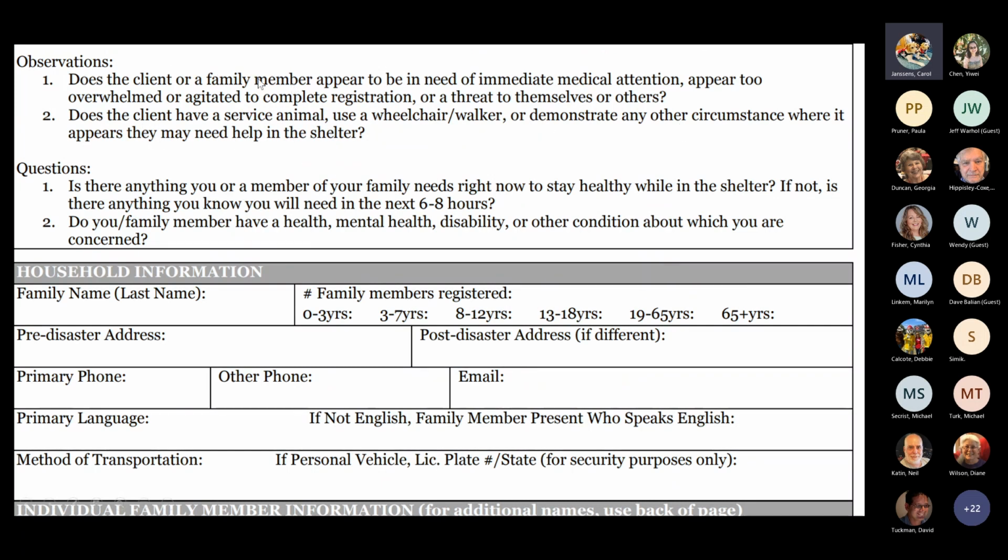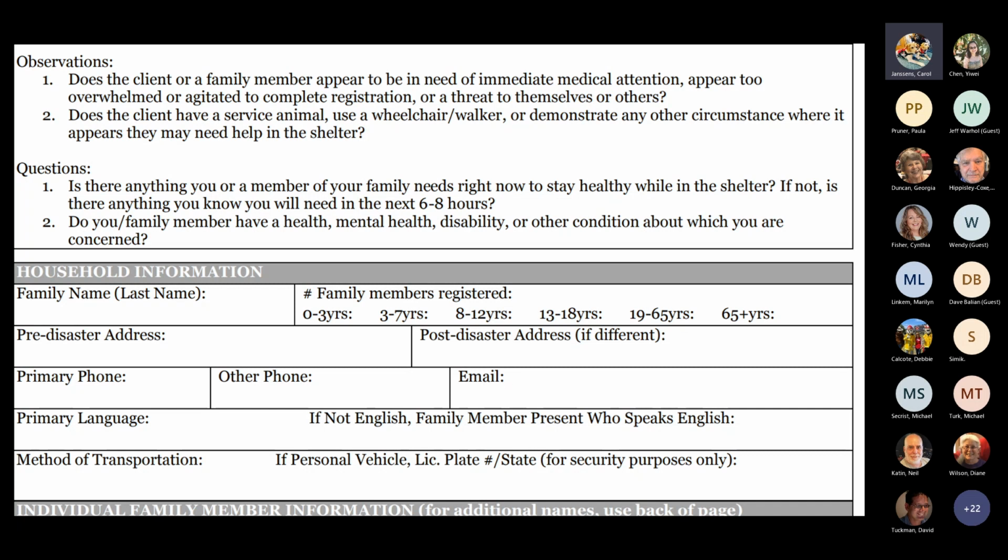So we observe the client, and I'll give you an example of one shelter I was at. I was doing registration, and this client looked like she could barely stand, like she was ready to collapse. So instead of registering her, I pulled health services in immediately.